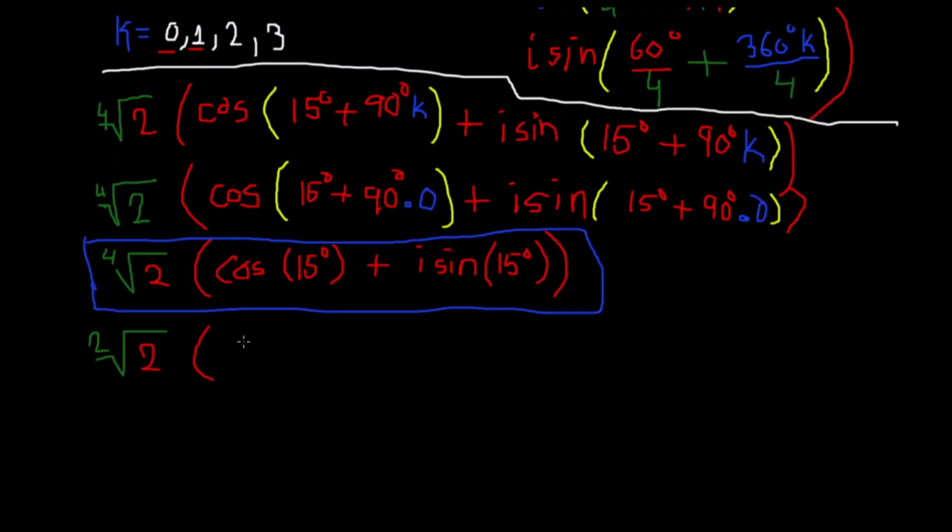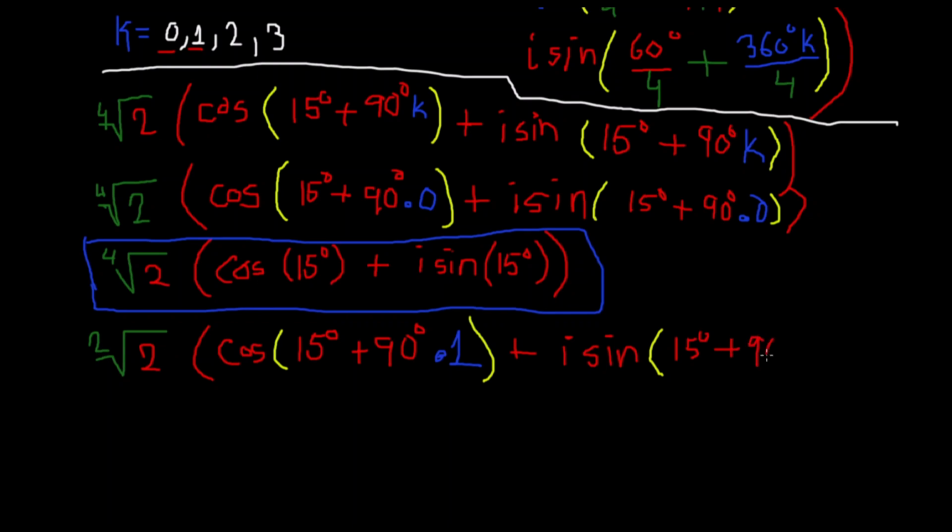So now let's plug in 1 for our K value. Now it's cosine of 15 degrees plus 90 degrees times 1, plus I sine of 15 degrees plus 90 degrees times 1.